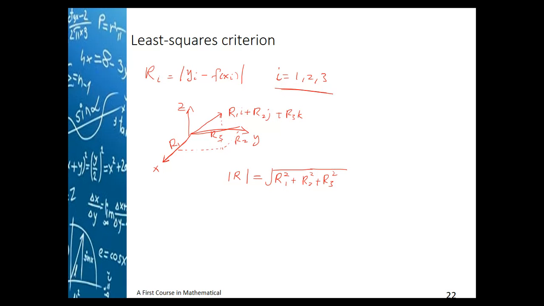So the idea here is if you want to minimize R, by right, you can minimize R squared. Makes sense, isn't it? By using this idea, because it is just a magnitude, you utilize this concept of minimizing R squared.